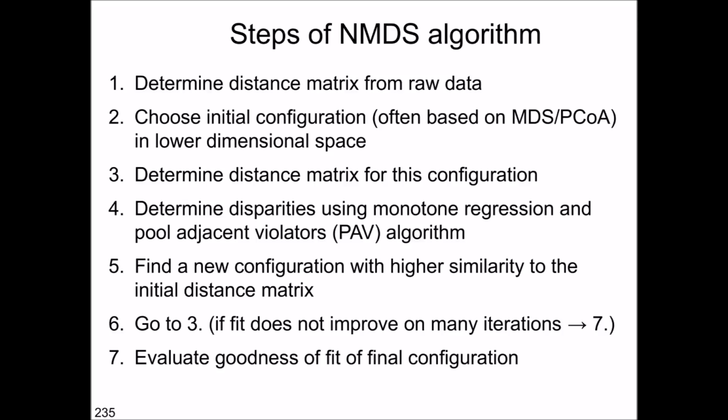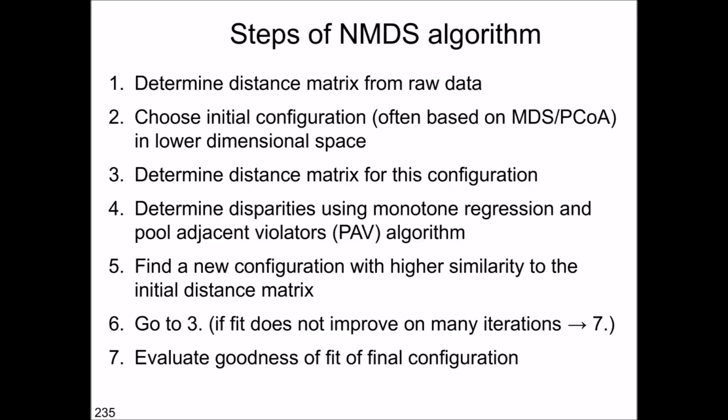Now, this configuration obviously is unlikely to match all the ordered distances, so you determine the so-called disparities using monotone regression. The disparity matrix is the next matrix that is produced in NMDS, and the monotone regression is explained on the next slide in more detail.